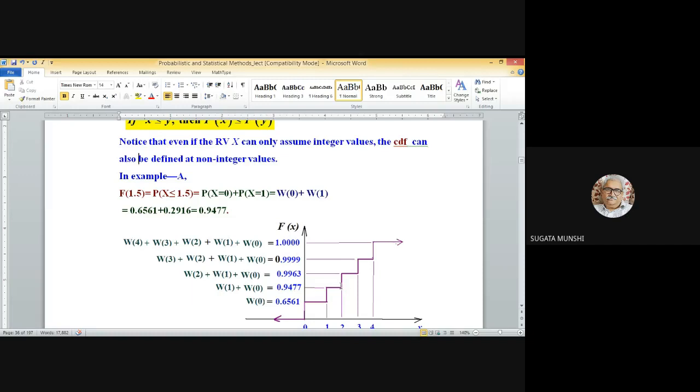At x equal to 2, Fx changes to the value W2 plus W1 plus W0. Height of discontinuity is W2. In this way, it continues. So try to understand what is really happening.